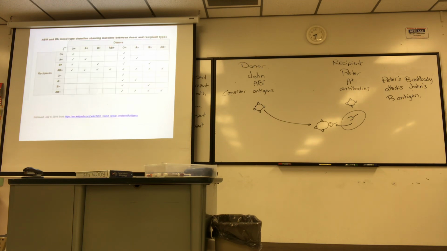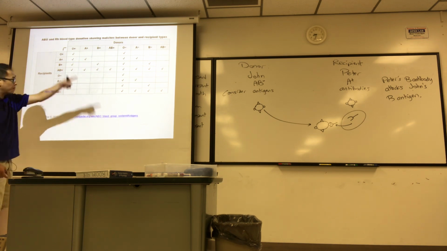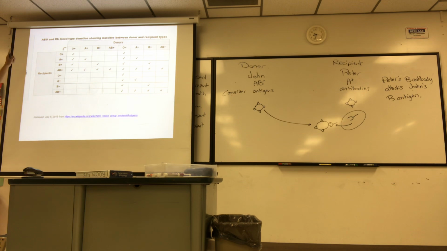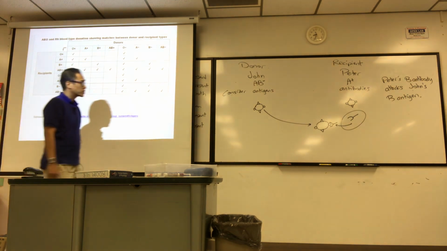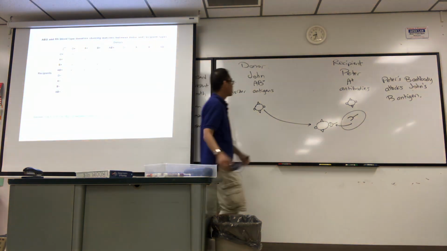What I want to do is kind of go over more general rules with you using this table. So how you read this table is donors across the top, recipients on the side here, and the check mark means okay to donate. So let's kind of go through some general rules.